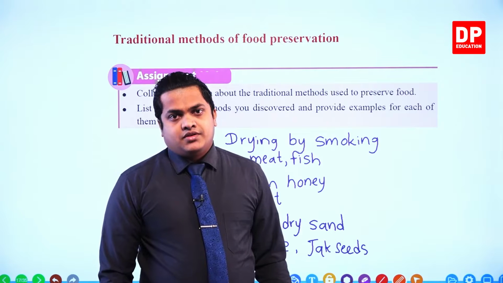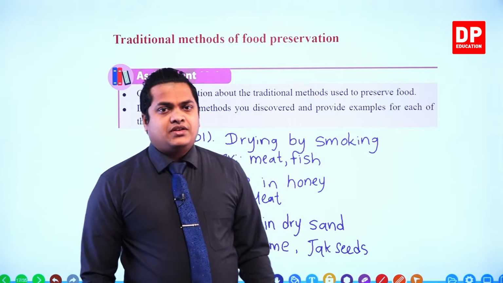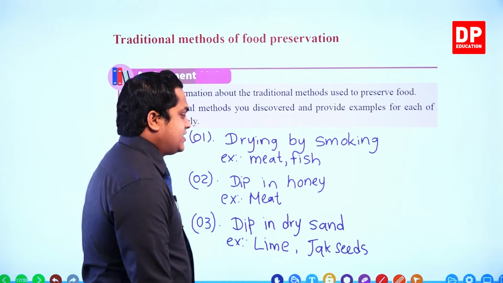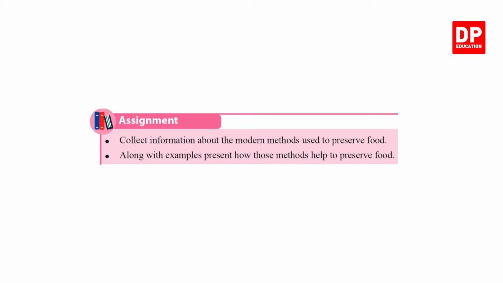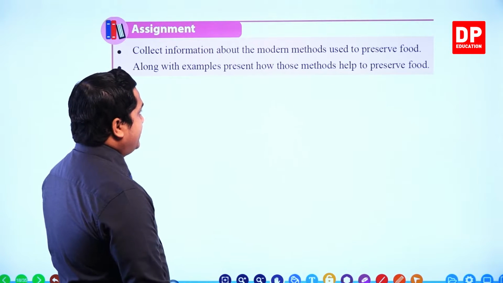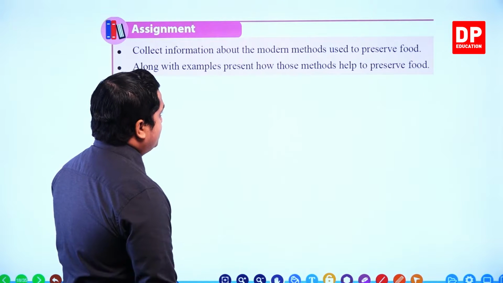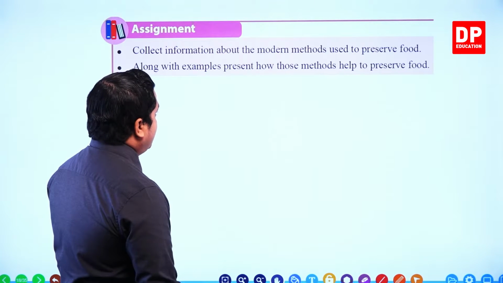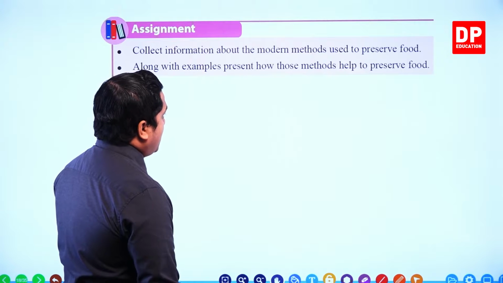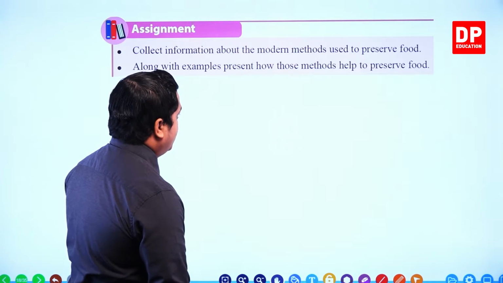Okay, so now let's see what the modern methods of food preservation are. But before that, you are given another assignment. What is that? Collect information about the modern methods used to preserve food, along with examples, and present how those methods help to preserve food.